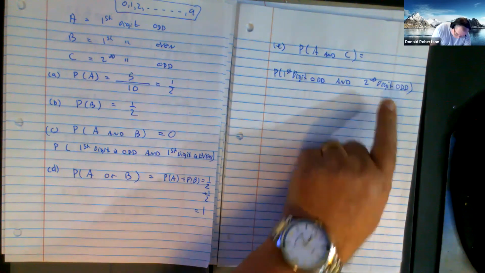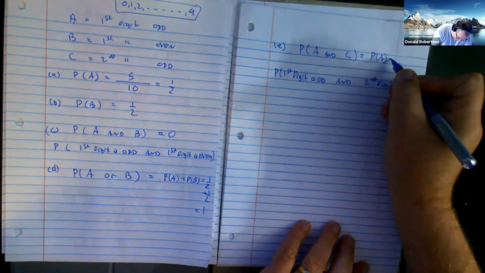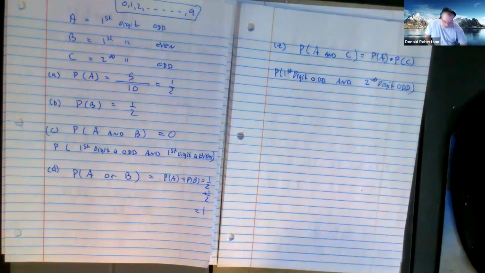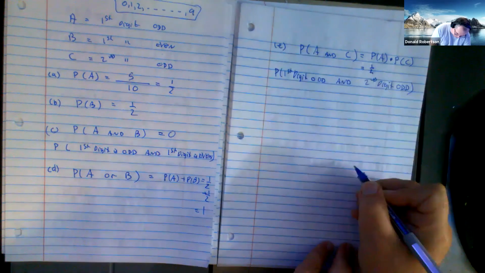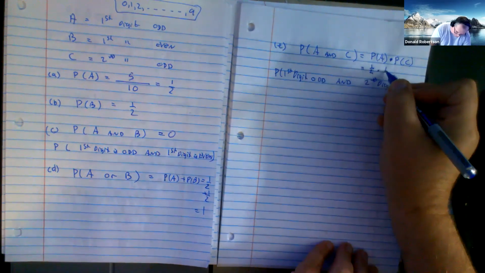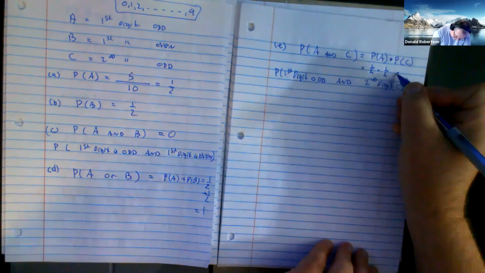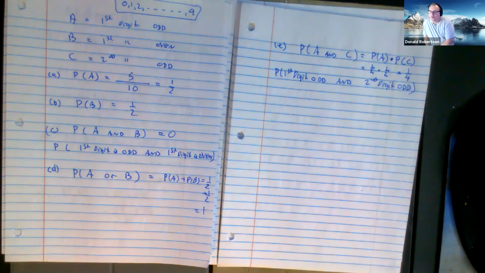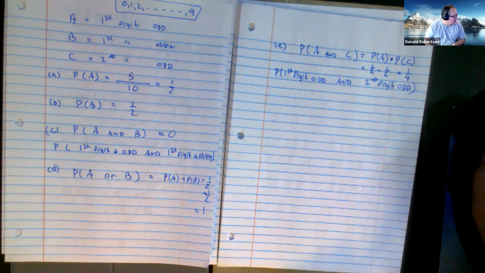And when you have two things and they are independent of each other, you can just multiply them together. So the chances that you get an odd one in the first digit is 1/2. The chances you get an odd one in the second digit is also 1/2. And so the chances of both those happening, that's what 'and' is, both of them happening, is 1/4. Okay. Are you good with that one? Yes.